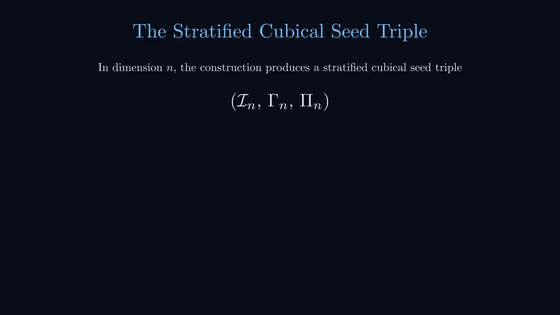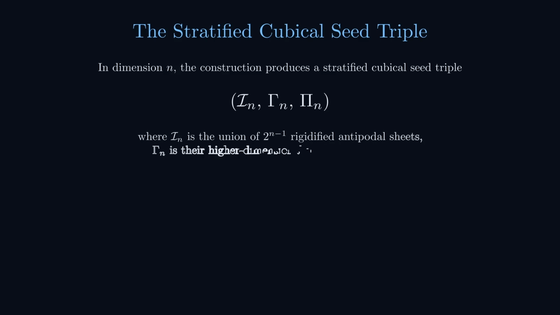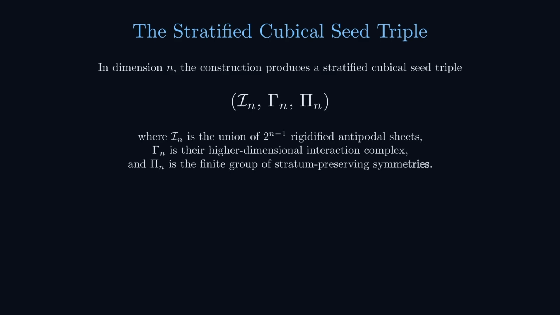And the stratified cubical seed triple. In dimension n, the construction produces a stratified cubical seed triple, where I sub n is the union of 2 to the n-1 rigidified antipodal sheets, gamma is the higher dimensional interaction complex, and pi is the finite symmetry group of stratum preserving symmetries.